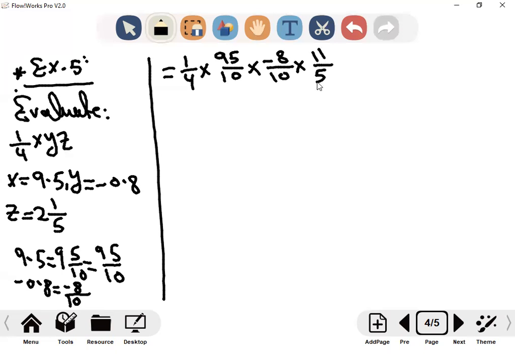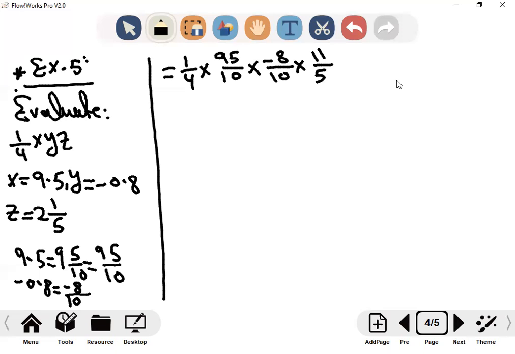Now look here. Positive times positive, positive. Times negative, negative. Times positive is still negative. So the final answer will be what? Negative. Right? Now multiply up, multiply down. Multiply all the numbers on top, you see these nice ones, and on the bottom it becomes number over number. Make simplest form, divide.